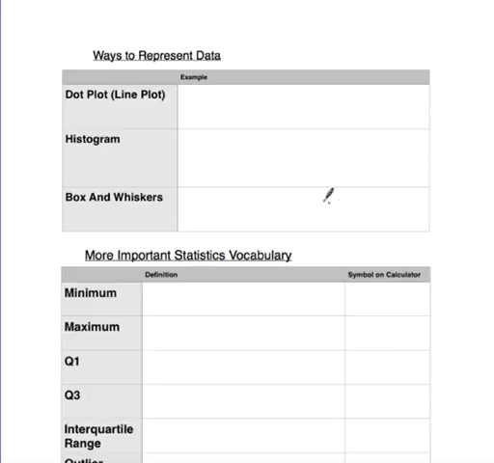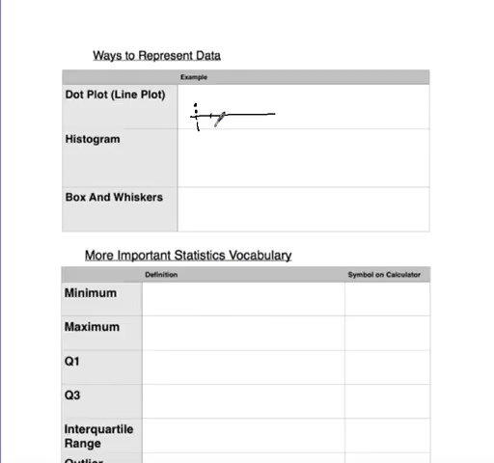Ways to represent data. So the first way we're going to talk about is a dot plot. You may hear it referred to also as a line plot. So a dot plot is basically going to be a horizontal line that's got dots that are stacked on top of each other.